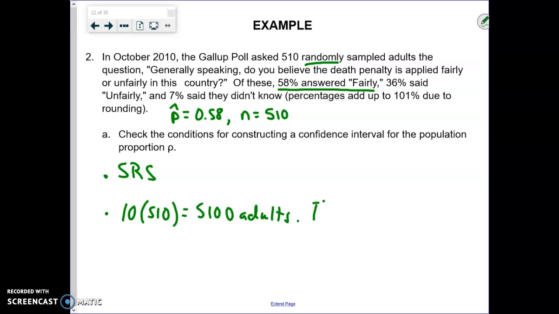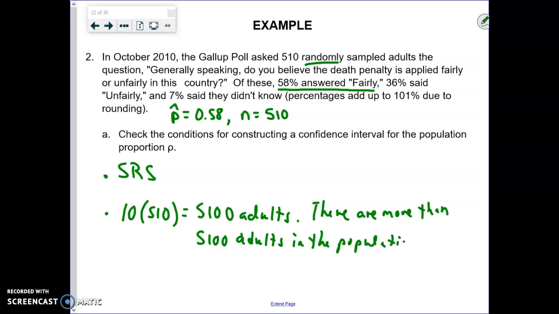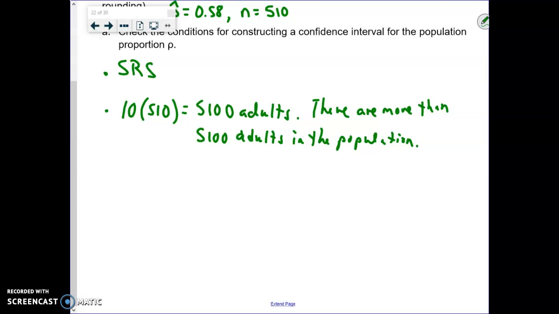We're going to say there are more than 5,100 adults in the population. We assume the population has more than 5,100 adults, therefore our sample is less than 10% of the population, so we can use the rules for independence.